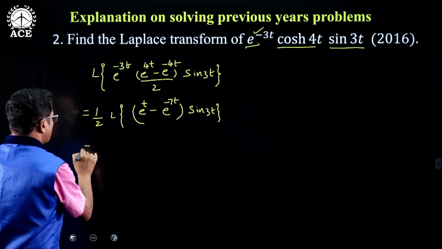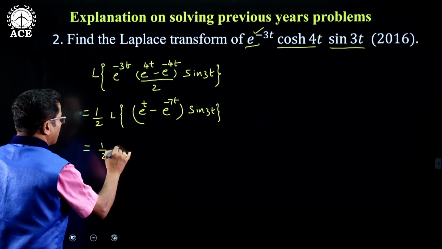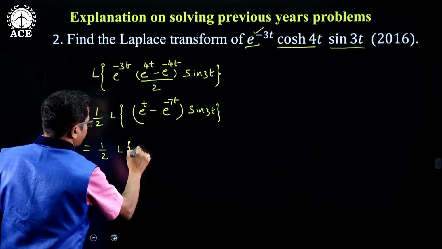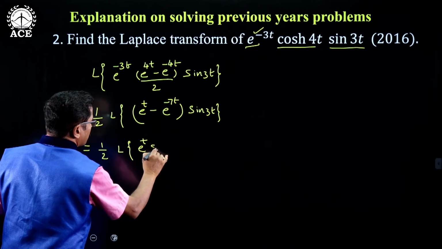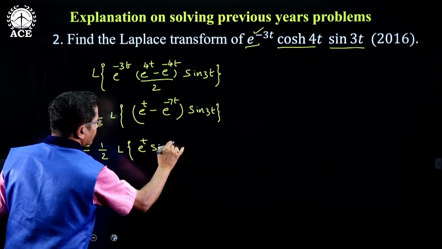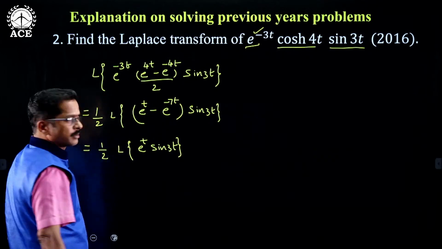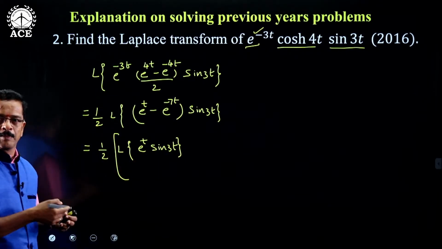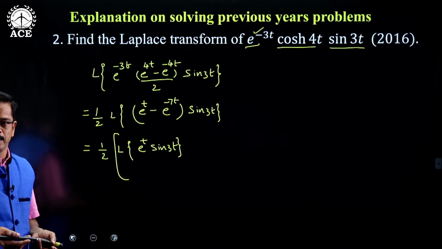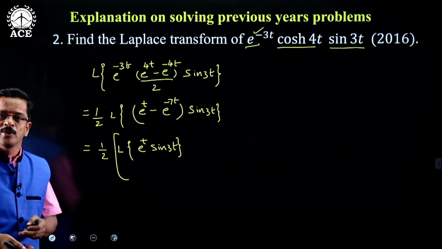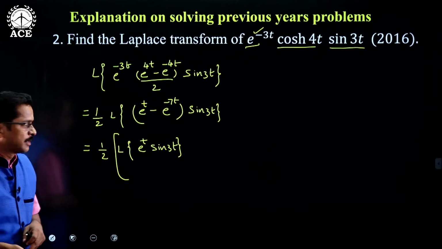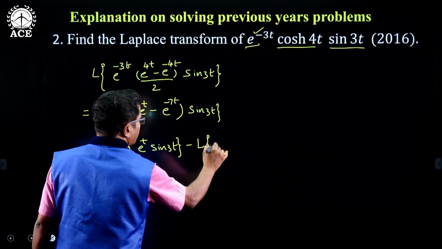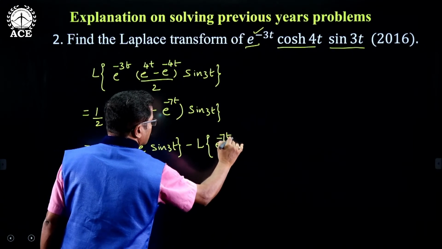So which is equals to 1 by 2 into L of e power t into sin 3t, means I am just applying linearity property here, or applying Laplace transform for individual terms, minus L of e power minus 7t into sin 3t.